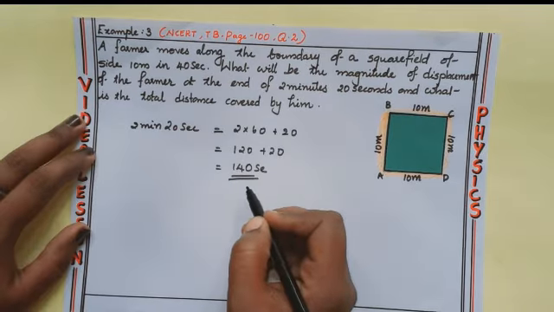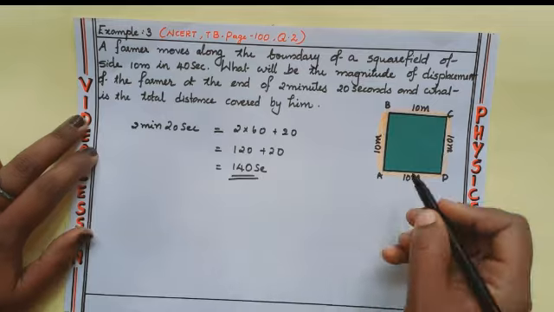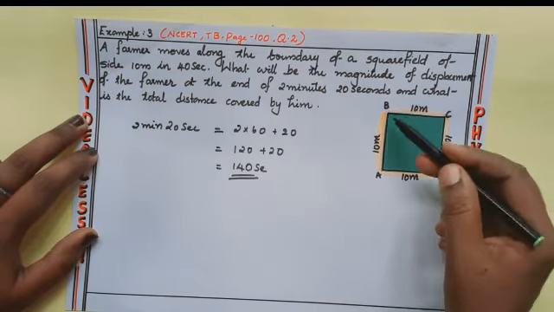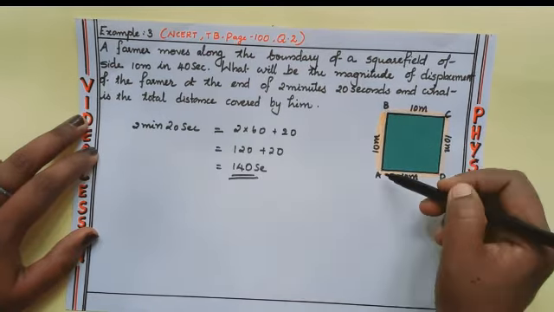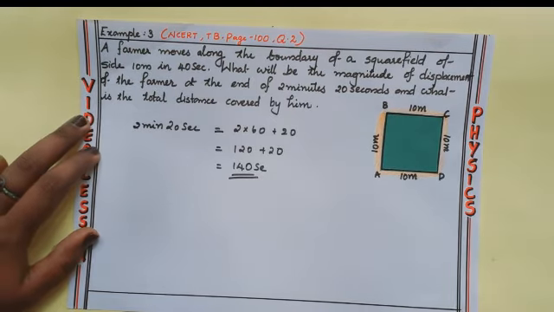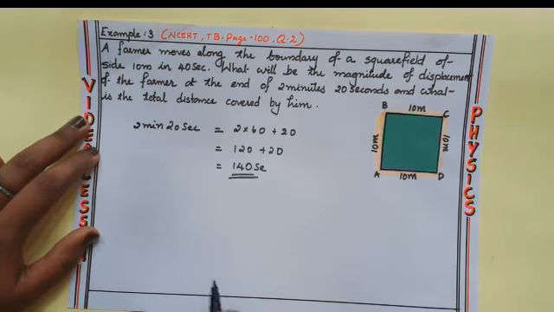Okay. Now after that we can see this is a square field, and each side is the same, 10 meter each.